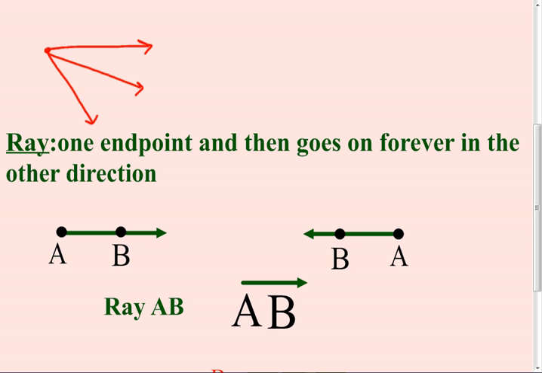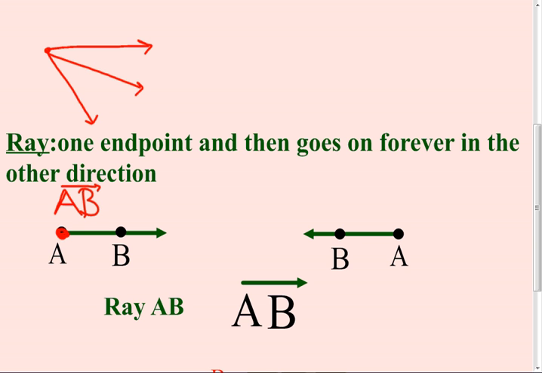When we write the name of a ray, we always start with the end point, not the one where it's going on forever. So the end point here is at A, right? So this is A, and then we find another point on our ray, which is B, and then you draw a picture of a ray above that.